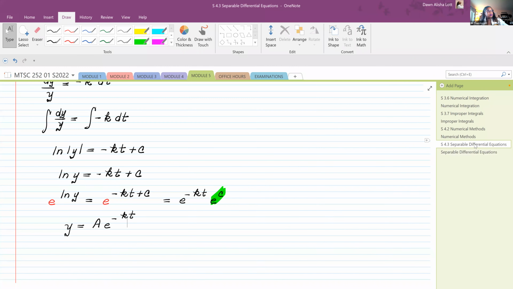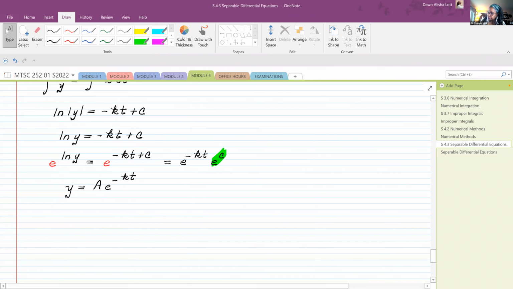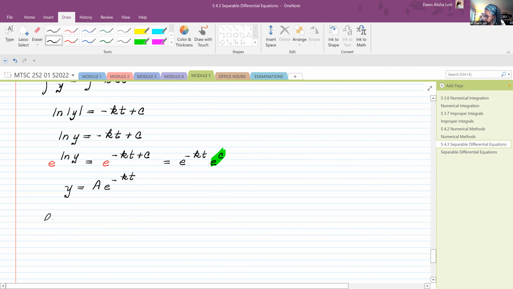Okay, so we're going to assume that y is equal to some initial amount when t is equal to 0.